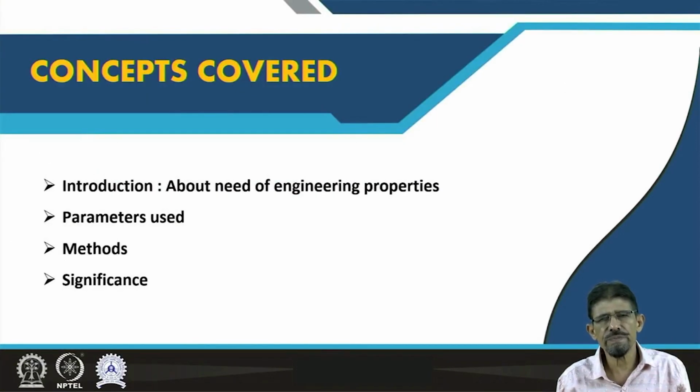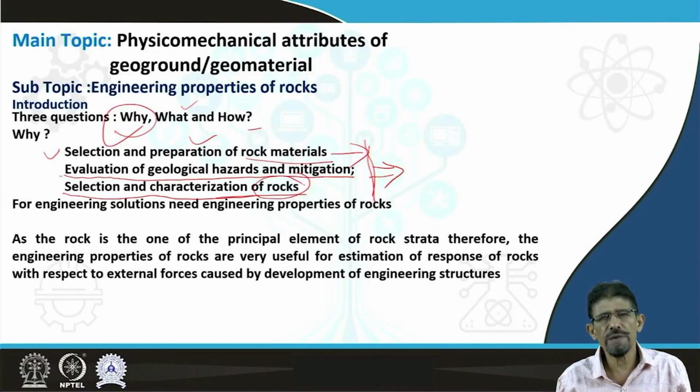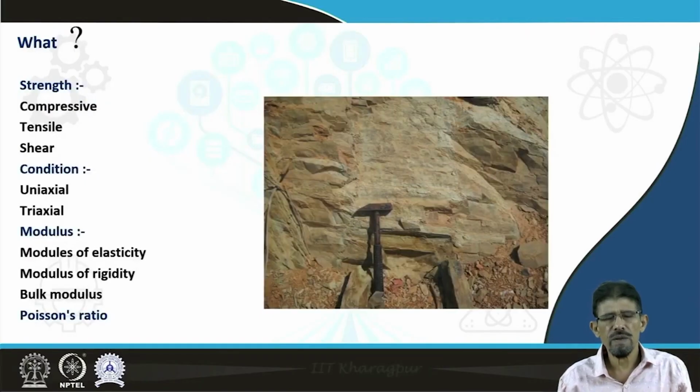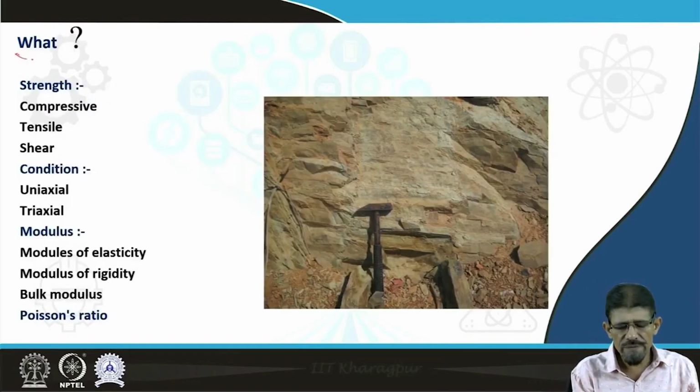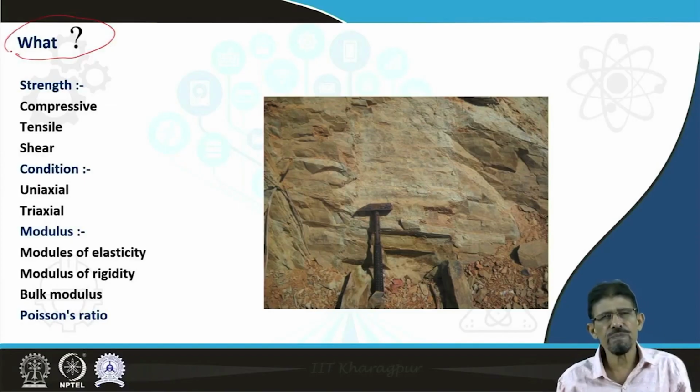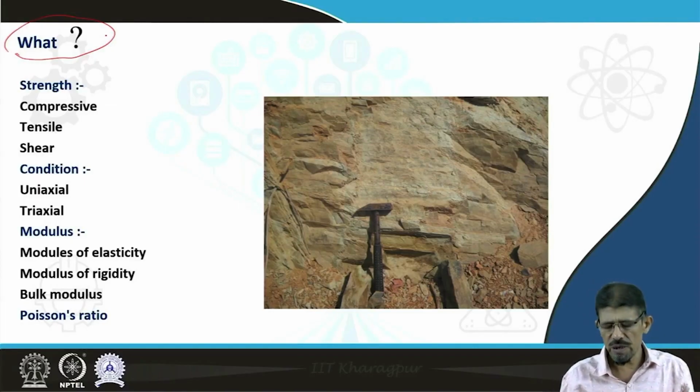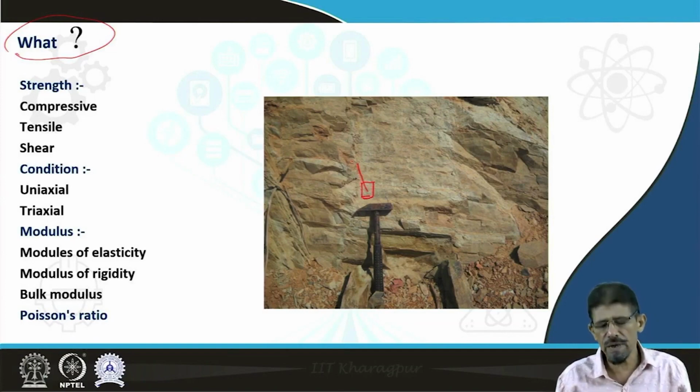Friends, in these lectures we are going to discuss the need and others. We have already discussed what we are going to estimate in case of rocks. If you see this point here, this is a purely rock material.